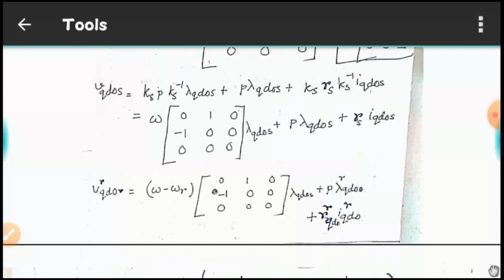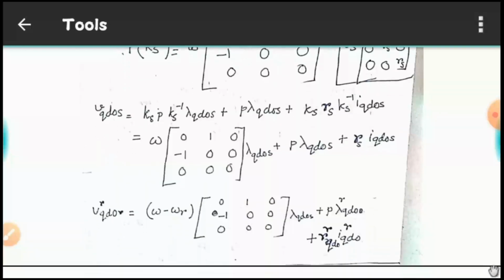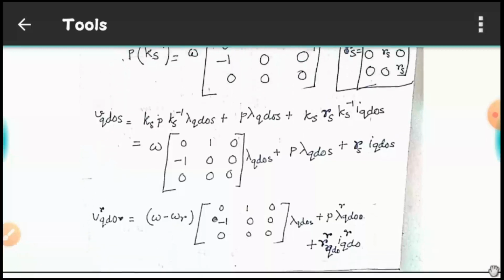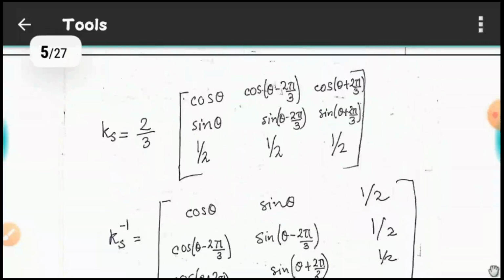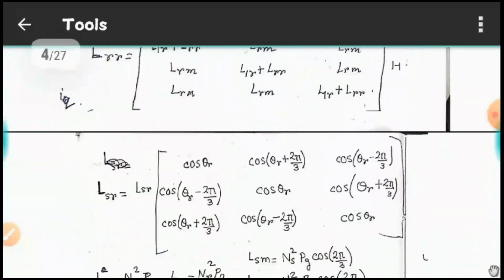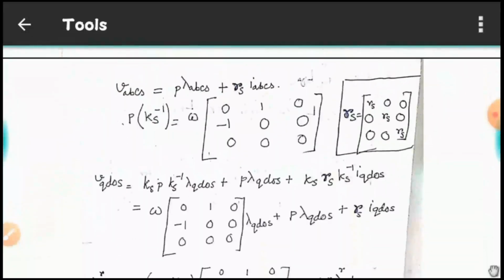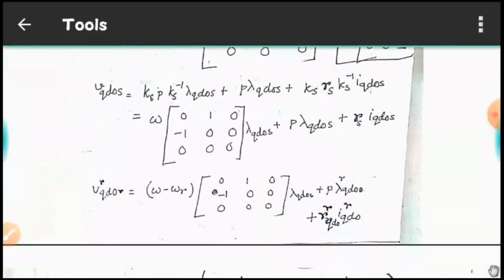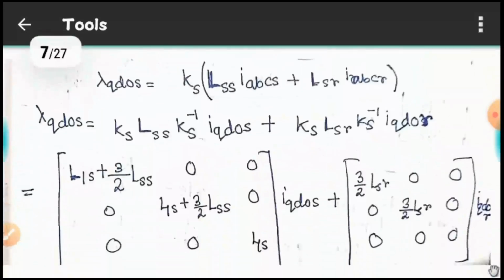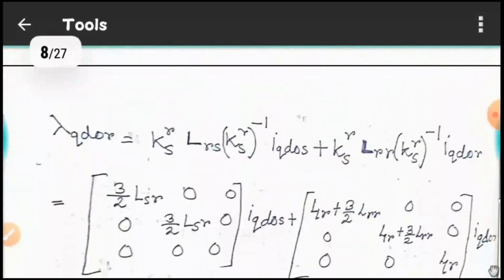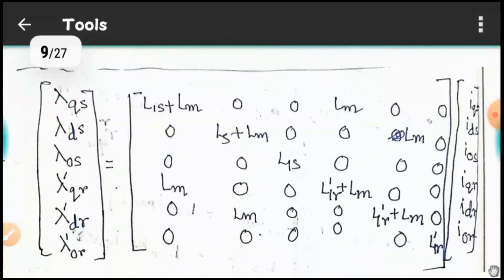I think from this equation we can explain.